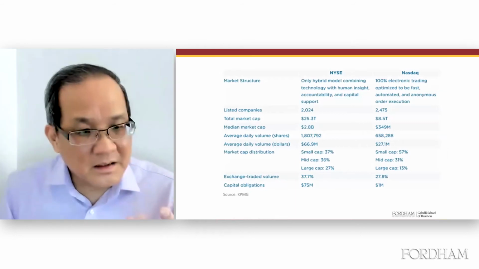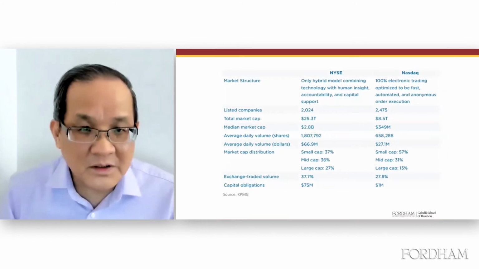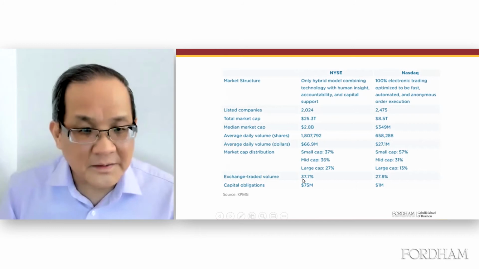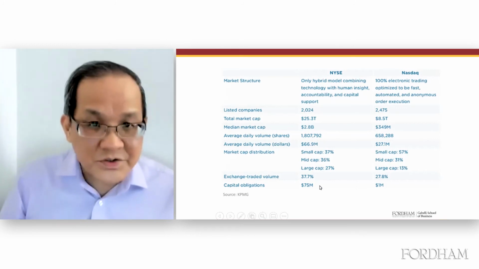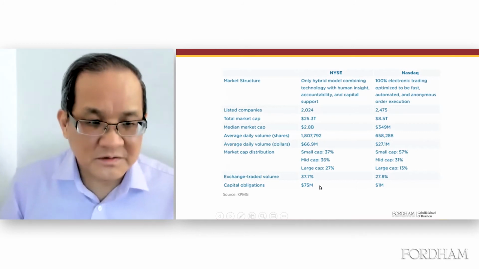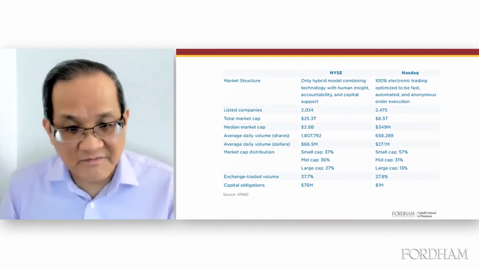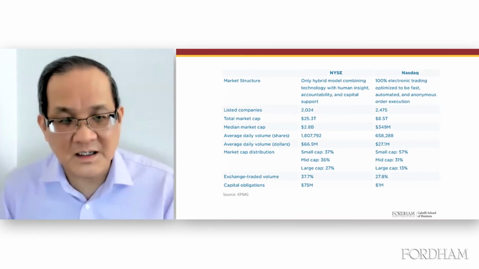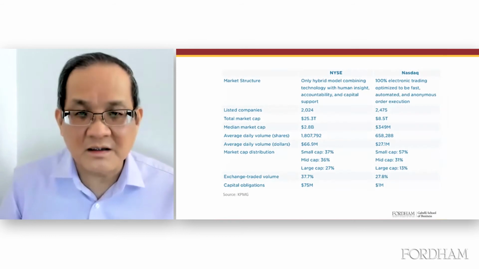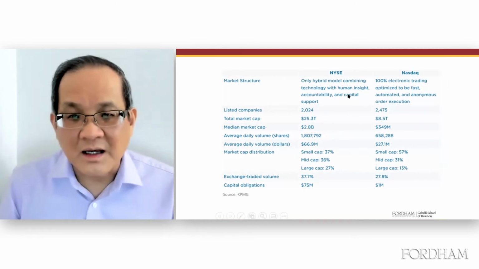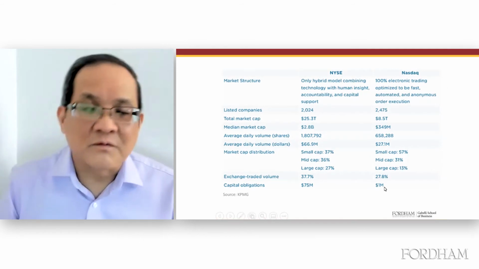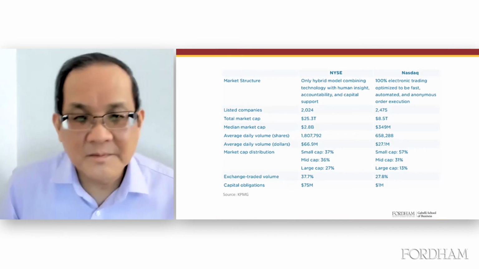The capital requirement is also a lot larger on the New York Stock Exchange: it is $75 million as of the particular day we looked at the regulation, and for NASDAQ, it's only $1 million.